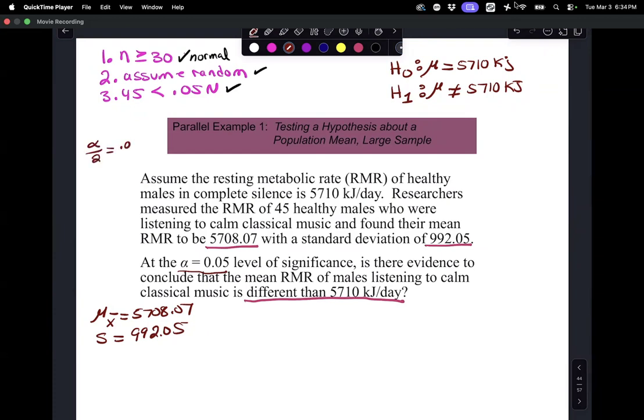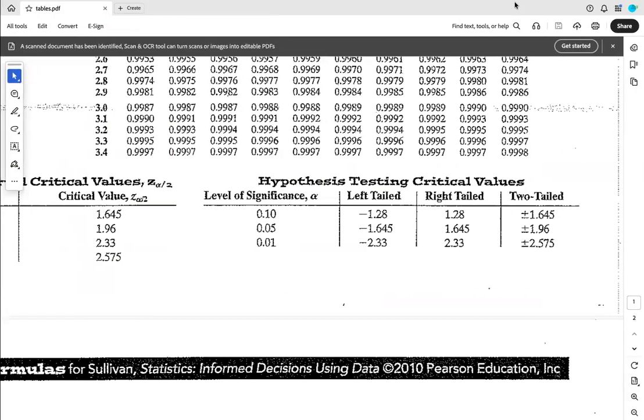So 0.05 divided by 2 is 0.025. That is what we're going to look at on our table because it's a two-tailed test. It's the only time that we cut it in half. So I'm going to have my t sub alpha divided by 2. We're going to go look at this. 45 is my sample size. We're going to use 44 and 0.025. All right.